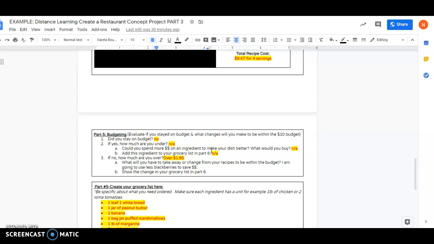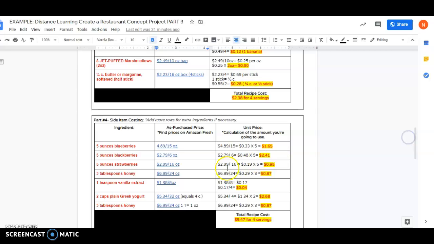So A is what will you have to take away or change from your recipes to be within budget. When I looked at my costs, I didn't want to take away just one specific berry. I already have blueberries, strawberries, and blackberries. The blackberries seem to be the most expensive when I did it, and they're big. It was $2.41 for the 5 ounces of the blackberries.